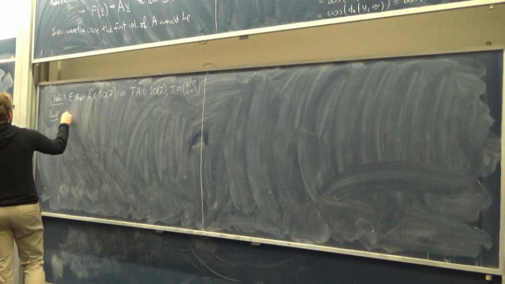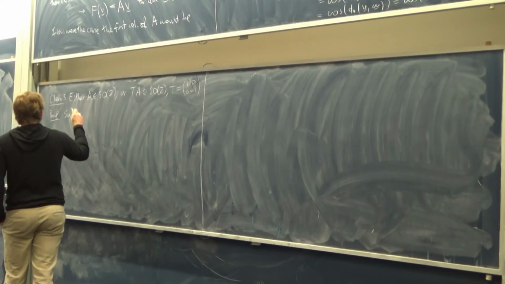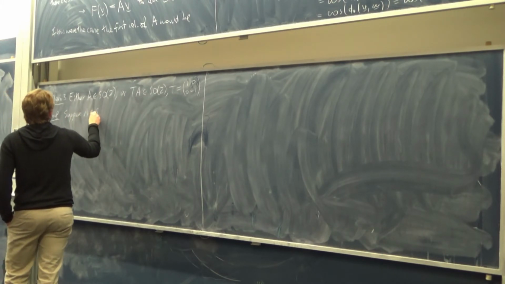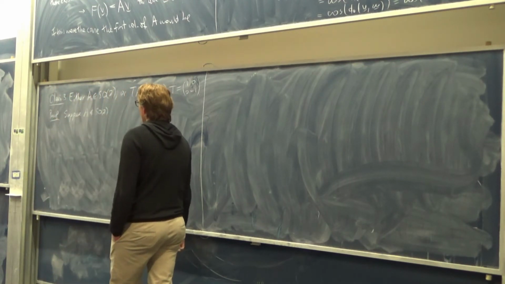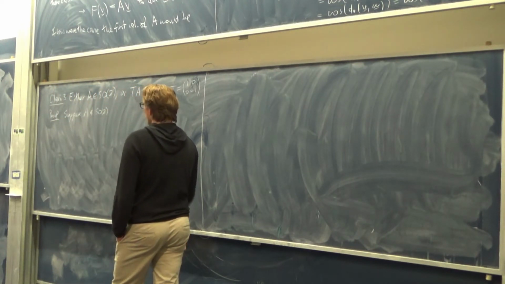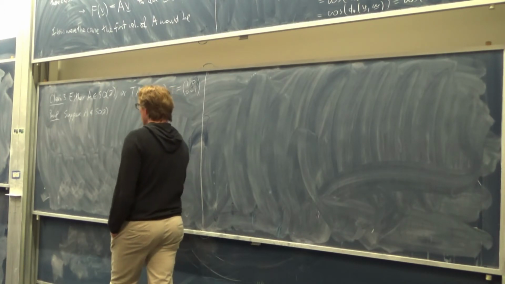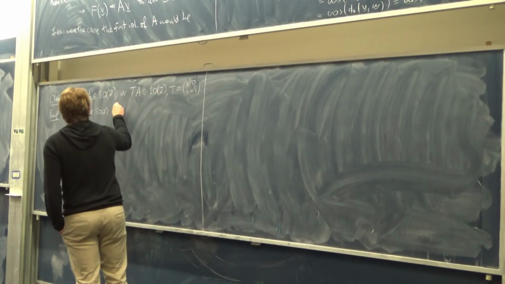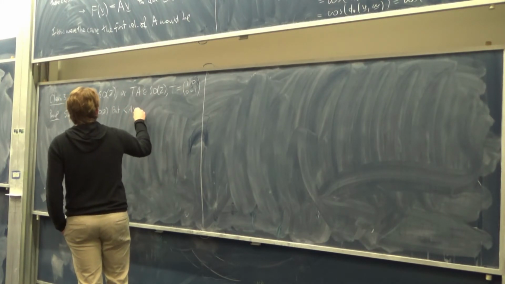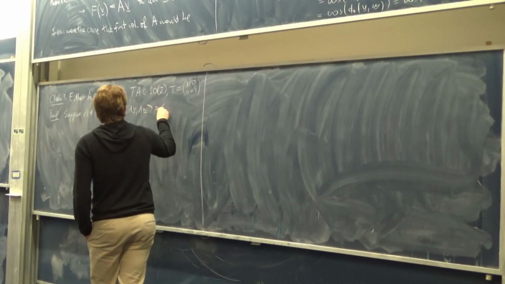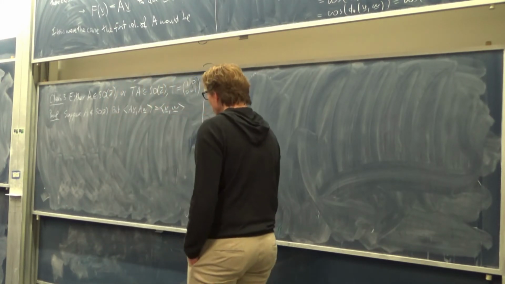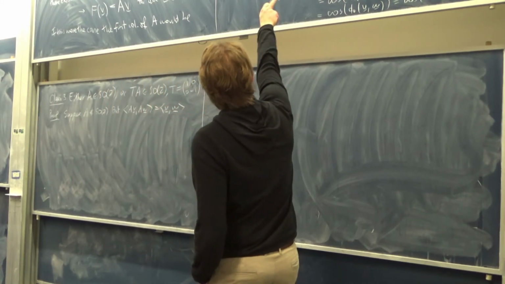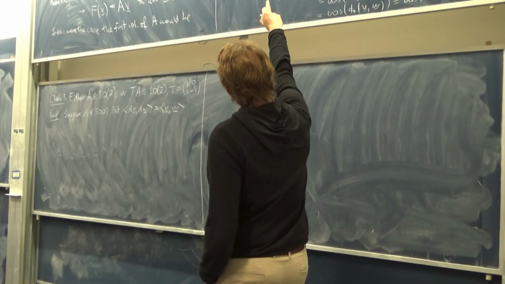Prove that one of two things is true. Suppose one of them isn't true and then prove the other. So suppose A is not a rotation matrix. But we know multiplication by A preserves the inner product, because that's claim 1, now that I know that FV is A times V.